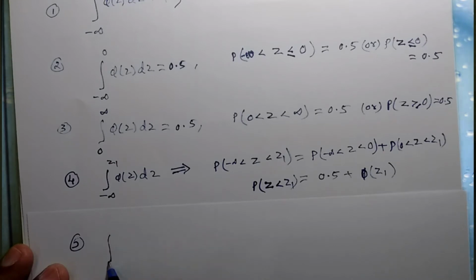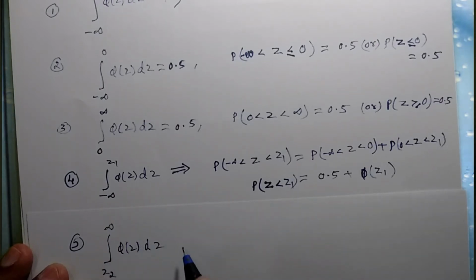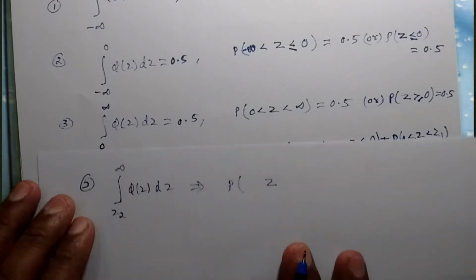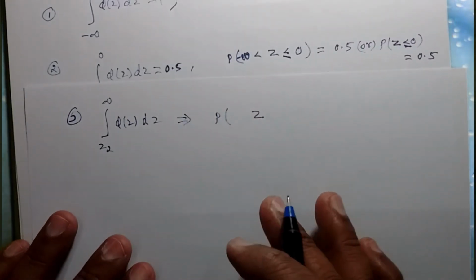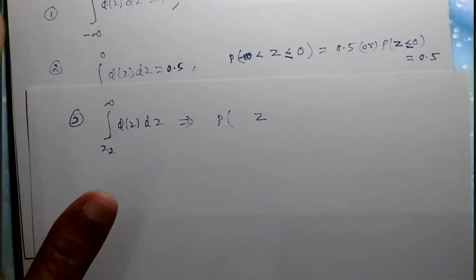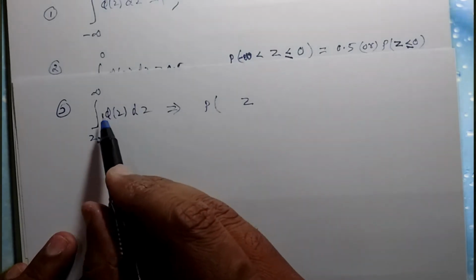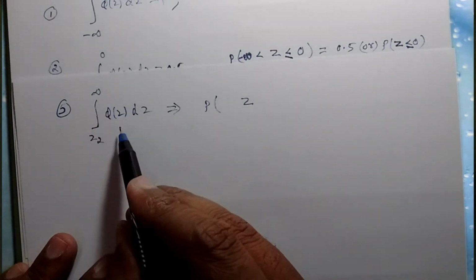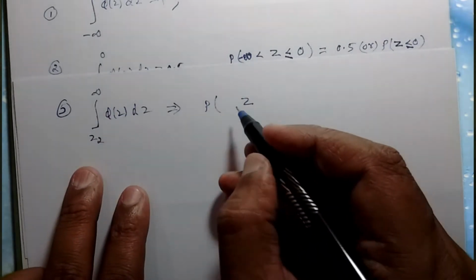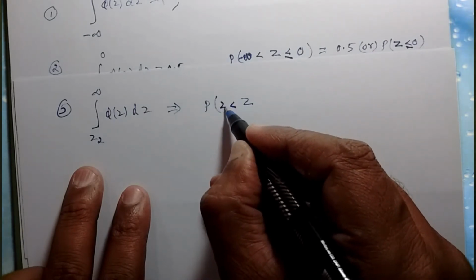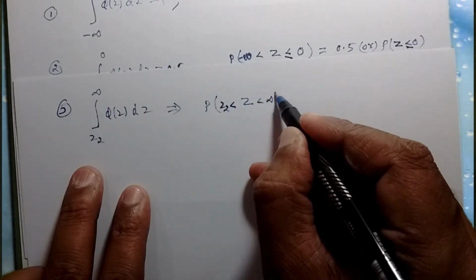The next result: the probability when phi of z into dz, when the value of z is starting from z2 up to infinity. What will be its value? We have the integral from z2 to infinity of phi of z dz, in terms of the probability lying between z2 to infinity.